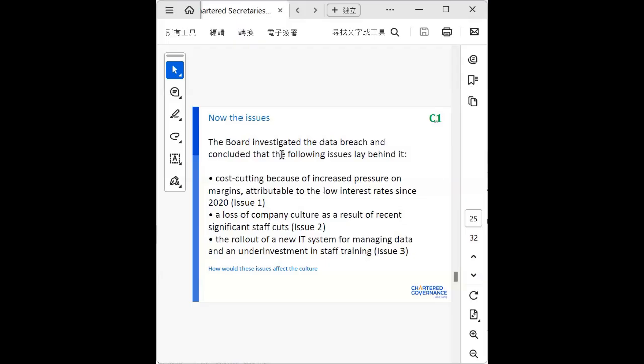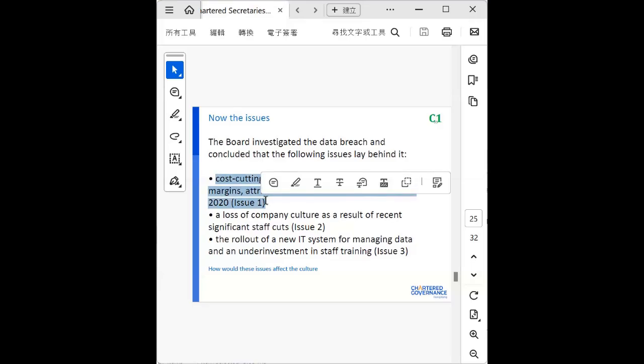So the first issue: what would be the consequence to the culture? Cost cutting will put pressure on the margins. So when you cut the cost, you reduce the compliance protocols, reduce the security protocols. Staff may feel undervalued. So these are the things you need to apply to the scenario, right?